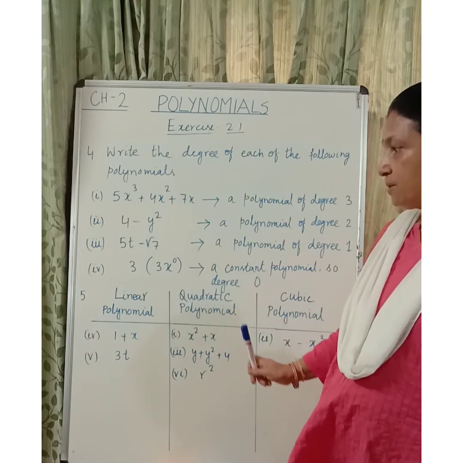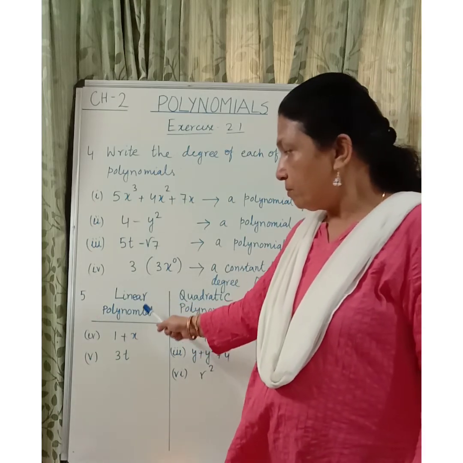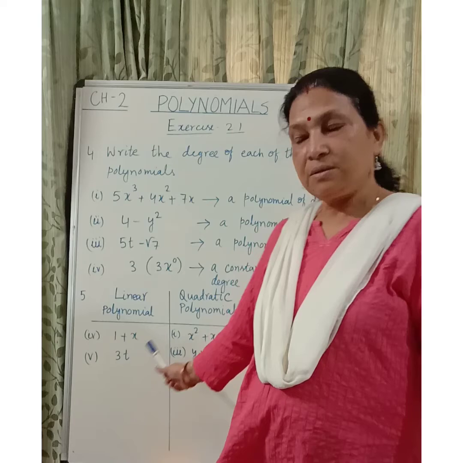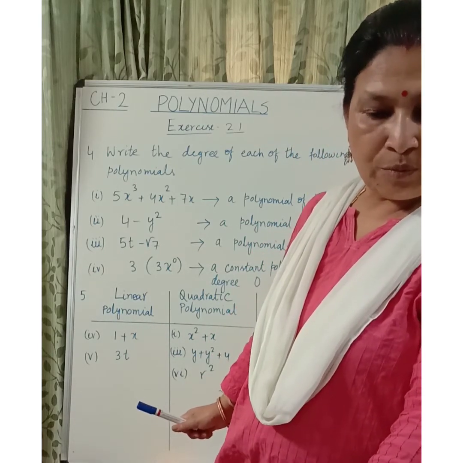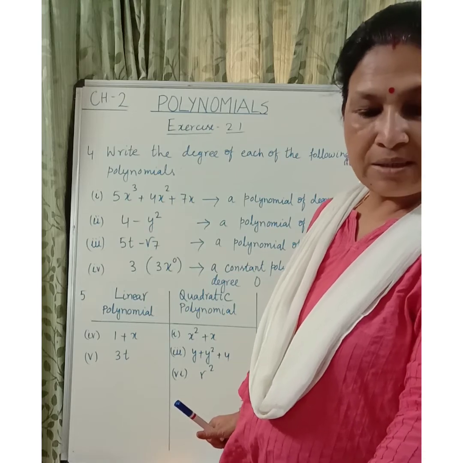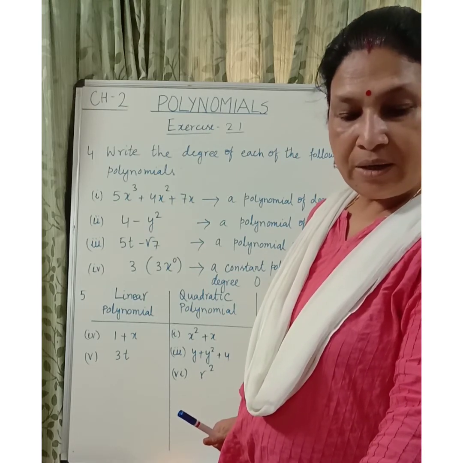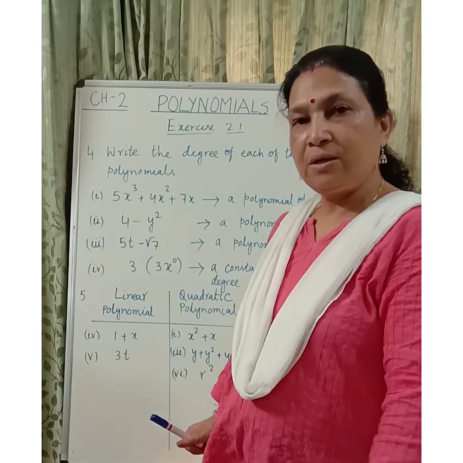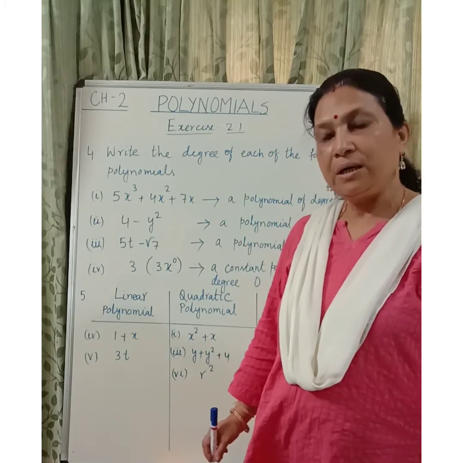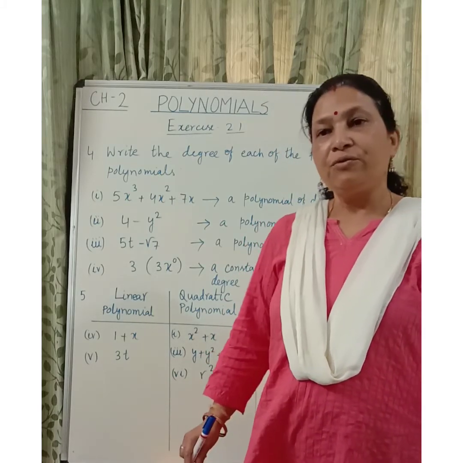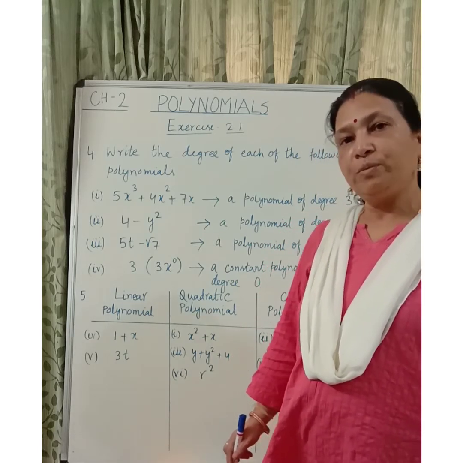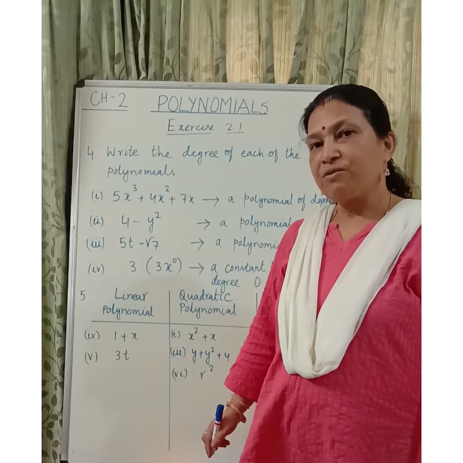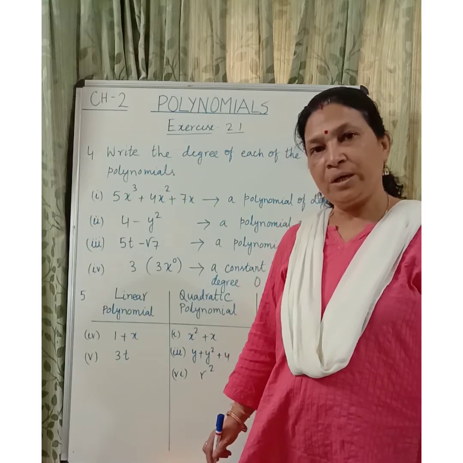Now the last question, we have to write the categories of the polynomials. We have to write the category of the polynomials as linear, quadratic and cubic polynomials. What do you know about the polynomials with regards to their degrees? If the degree of the polynomial is 1, we say it is a linear polynomial.